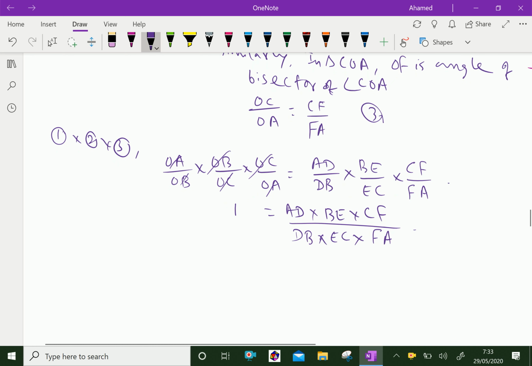By cross multiplying, we get DB into EC into FA equals AD into BE into CF. Hence we proved.